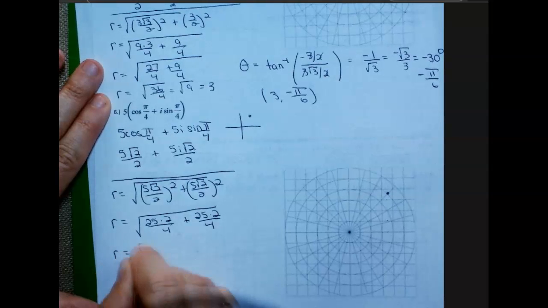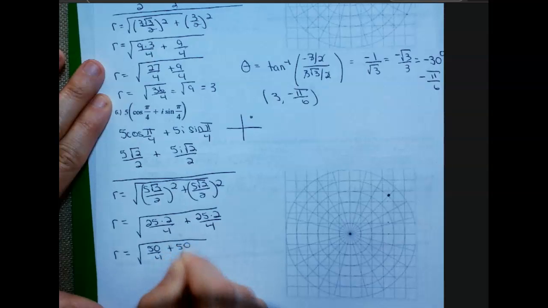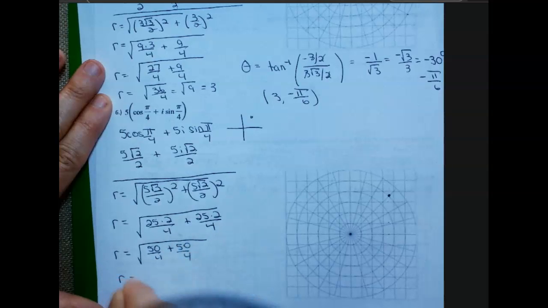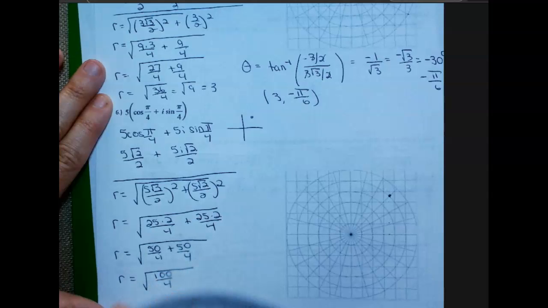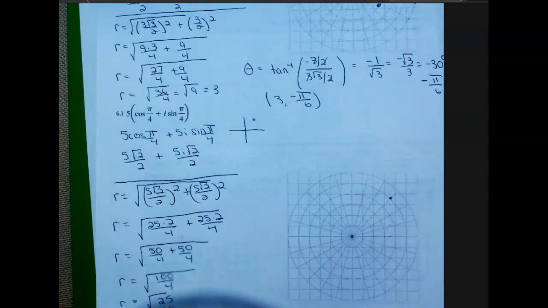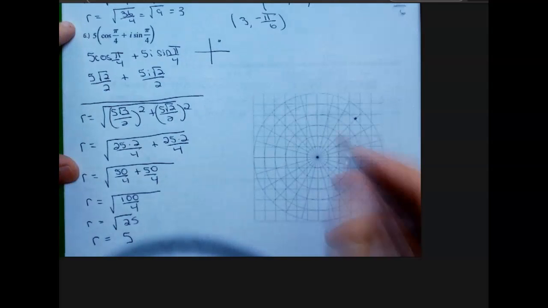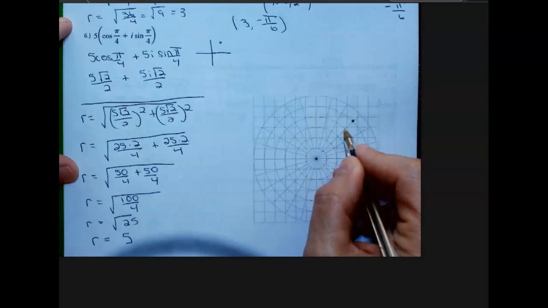So take a look at what you have. 50/4 plus 50/4 is equal to 100 over 4, which is equal to radical 25, which means I have a magnitude of 5. And if you look at that graph, that's exactly what we're at. 1, 2, 3, 4, and 5.